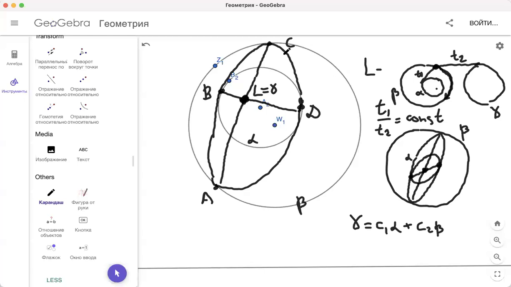And so I obtain that if I consider an arbitrary point on circle beta, for example C, then the ratio of CL, which is the tangent distance to circle gamma, which has zero radius, to the tangent distance to circle alpha, let me denote it by T, is constant.